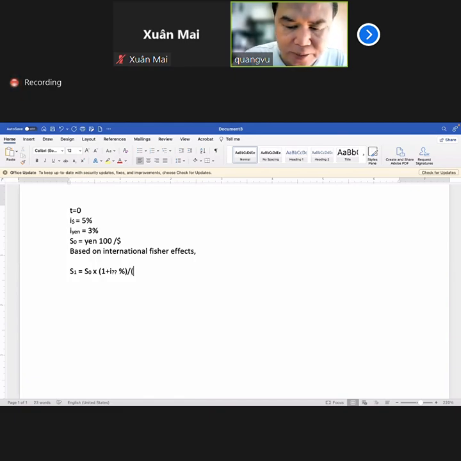Divided by 1 plus the nominal rate in dollar or yen, we don't know. So look at this fraction. This fraction actually measures the difference in nominal interest rate between the two countries in exact form, not approximate form.